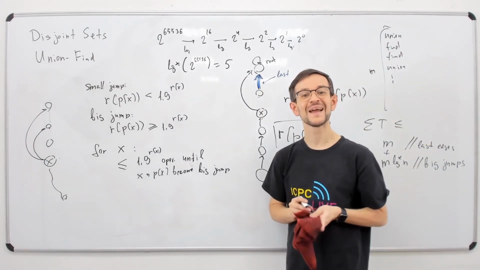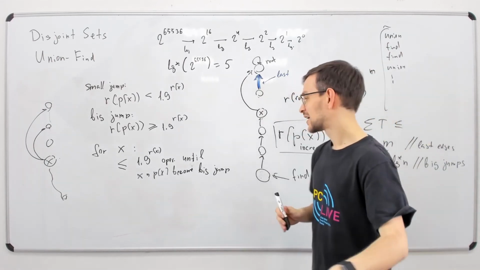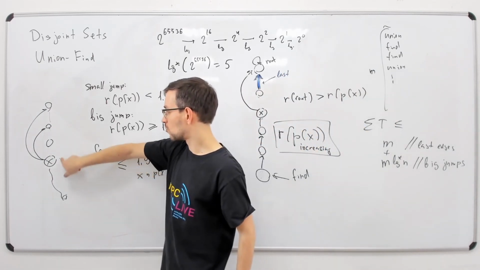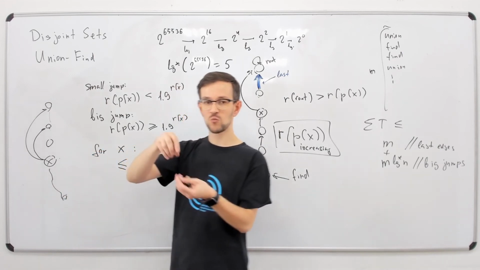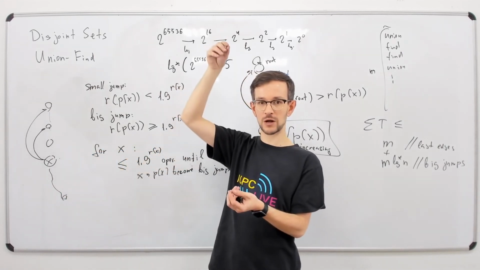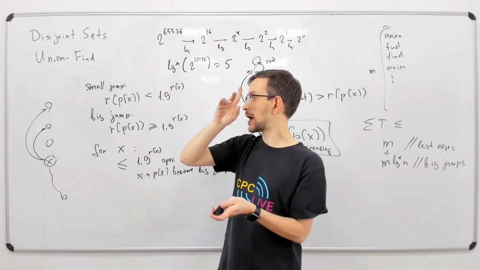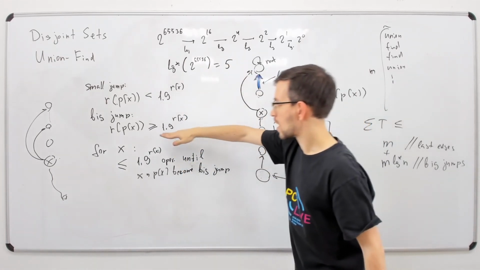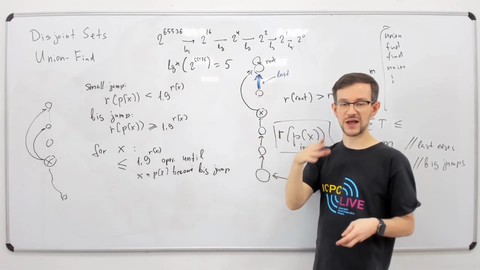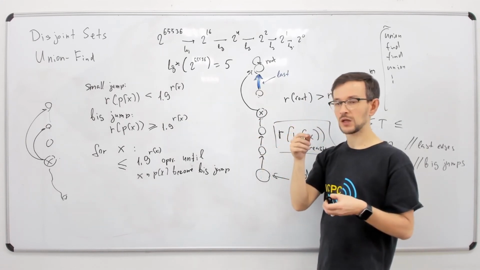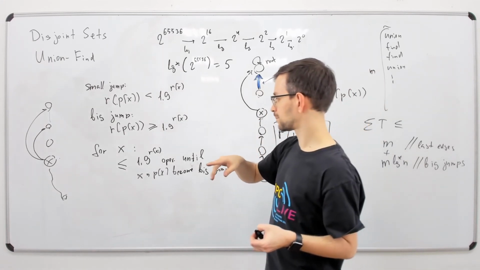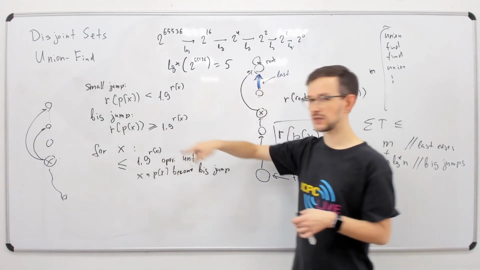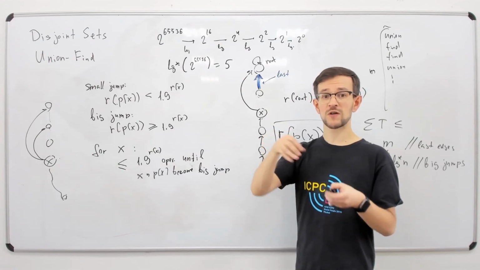Okay, good enough. So, what I want to say: each time you go through this element x, you move this pointer up to 3. So when you make 1.9 to the power of rank of x operations like this, the rank of this parent node will be bigger than 1.9 to the power of rank, because rank is always increasing.